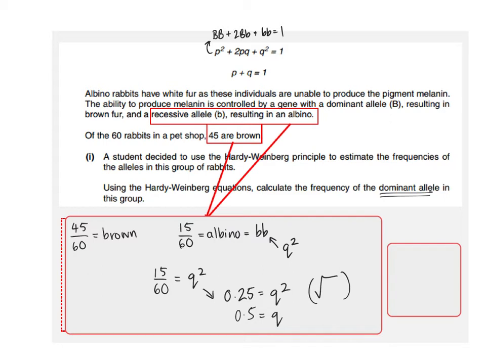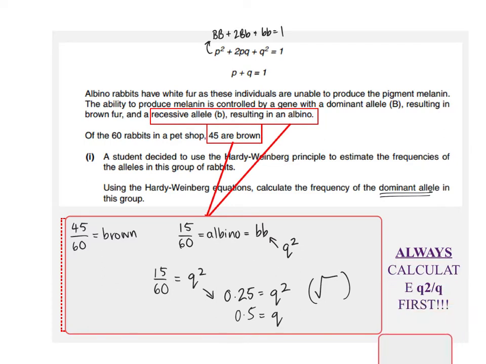So as a rule of thumb, for all of these questions, always start by calculating the q squared and then the q value first.